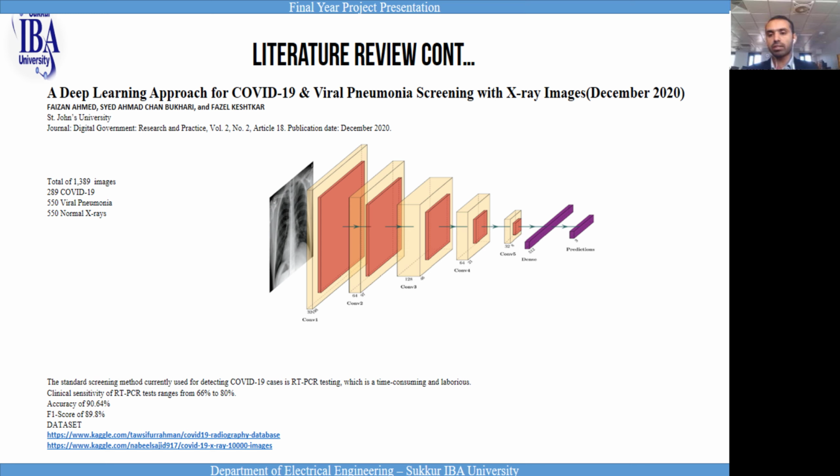Their data set consists of almost around 14,000 images, and the COVID images are 289 images. It's very few, and they have taken their data set from these two links, and their accuracy is 90.464%.